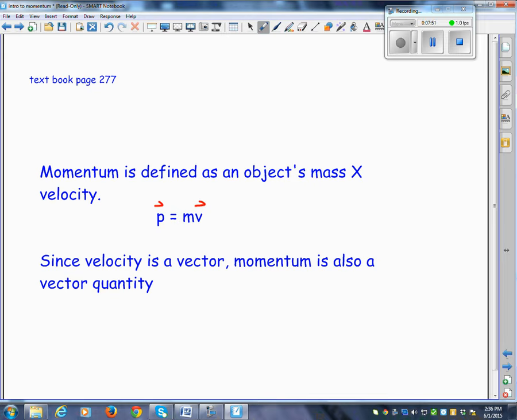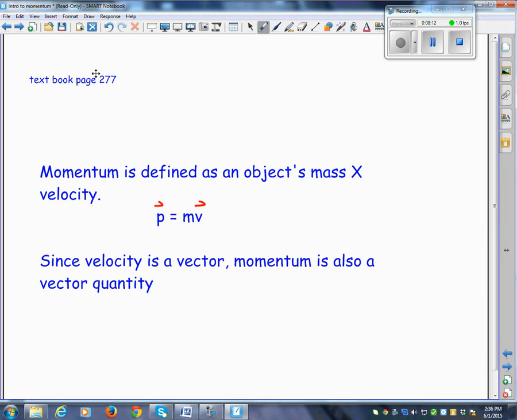Well, here we are, the last year of grade 12, and we're back to vectors. They never leave. So since velocity is a vector, momentum is also a vector quantity. And once again, we're going to be adding and subtracting vector quantities. Okay, so hopefully you can do that.